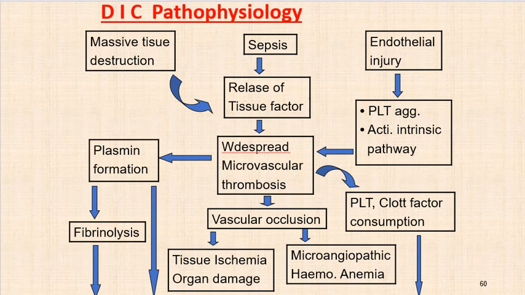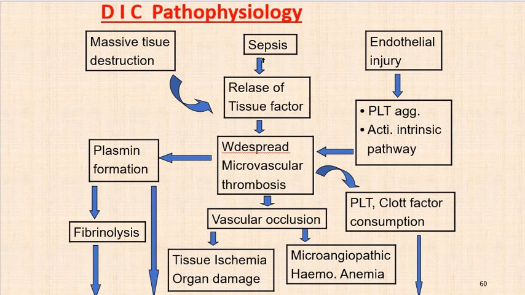What is the pathophysiology of DIC? Easy to understand. Whenever there is massive tissue destruction, on this left side, it will lead to release of large amount of tissue factor.